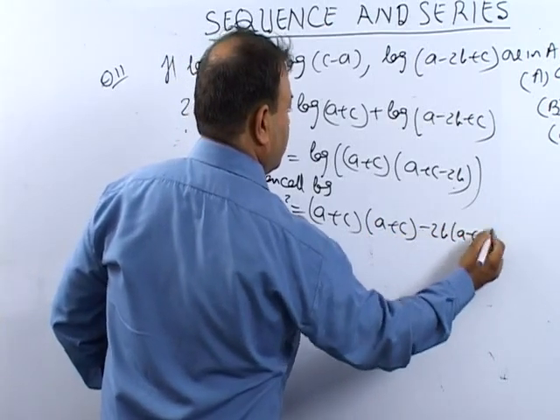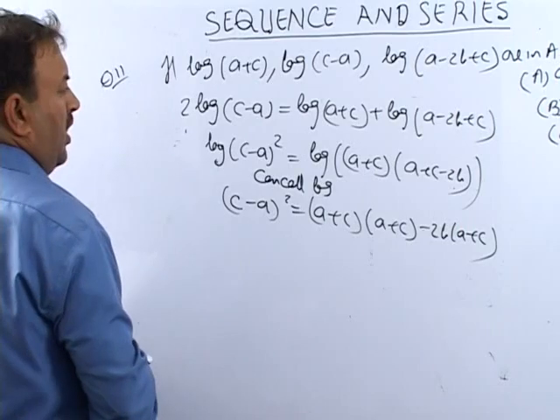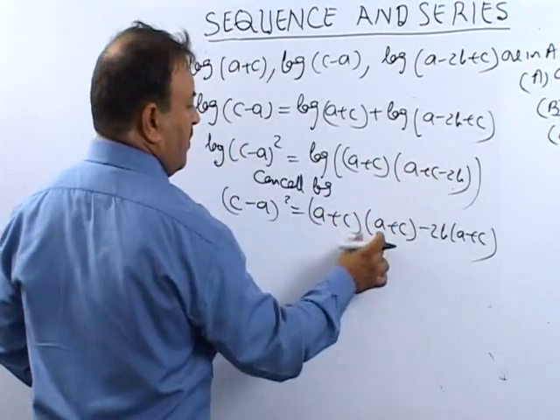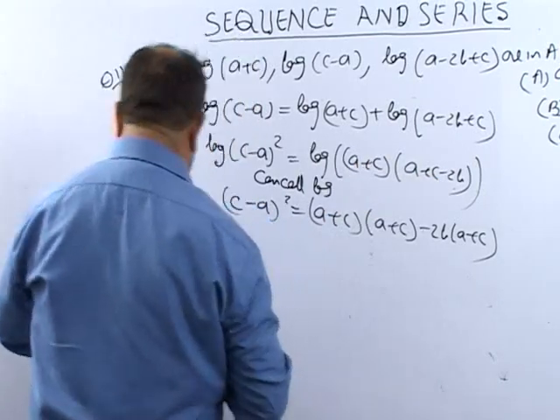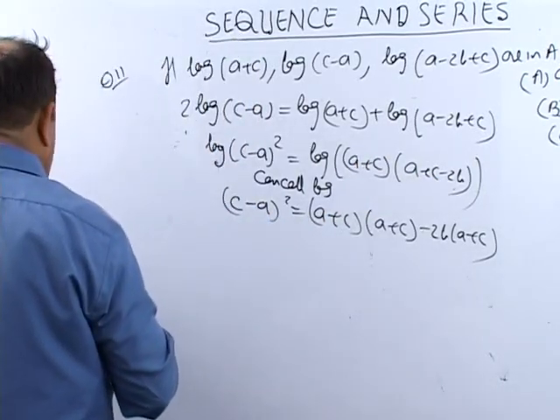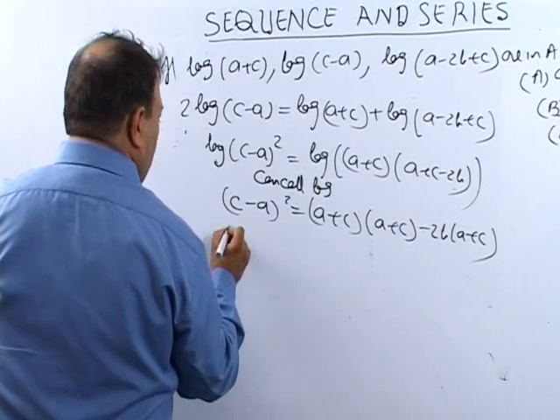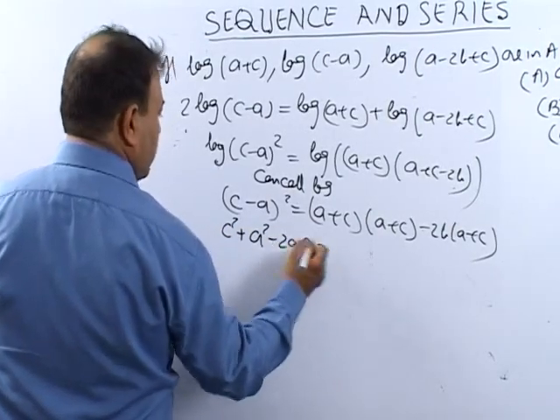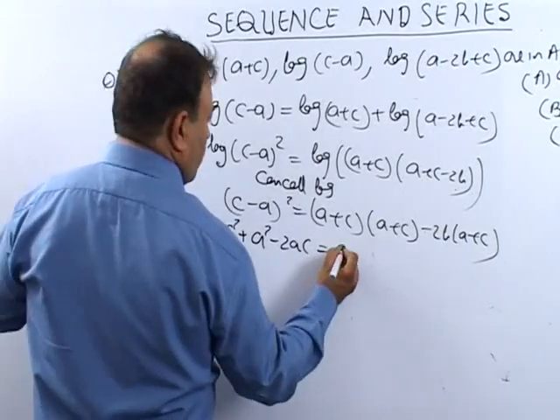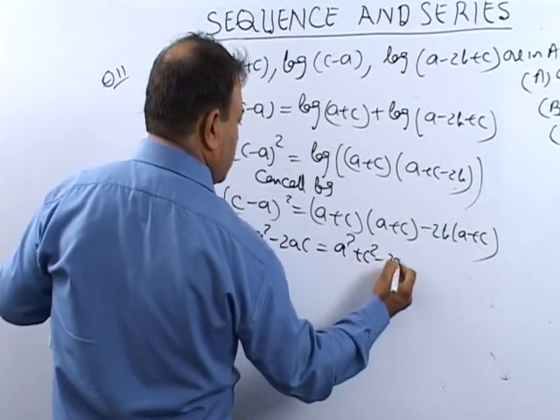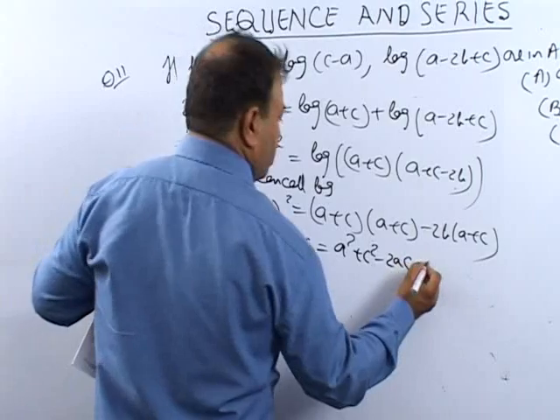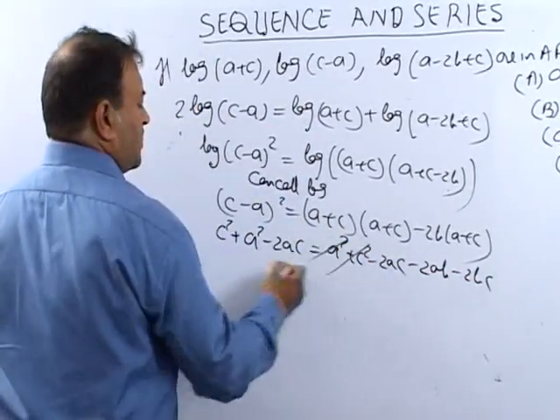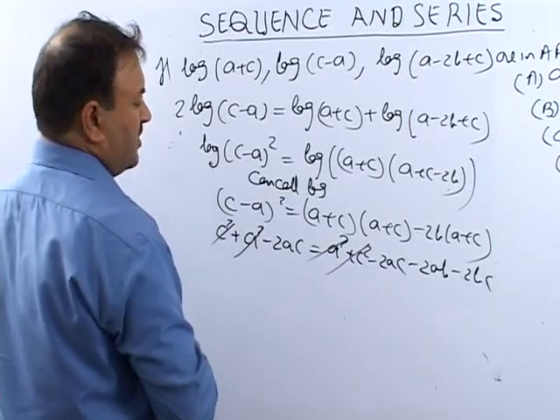We got C minus A the whole square equals A plus C into A plus C minus 2B. I multiplied it out: A plus C into A plus C and minus 2B into A plus C. Now I start solving it. C square plus A square minus 2AC is equal to A square plus C square plus 2AC minus 2AB minus 2BC. A square, C square will cancel out.